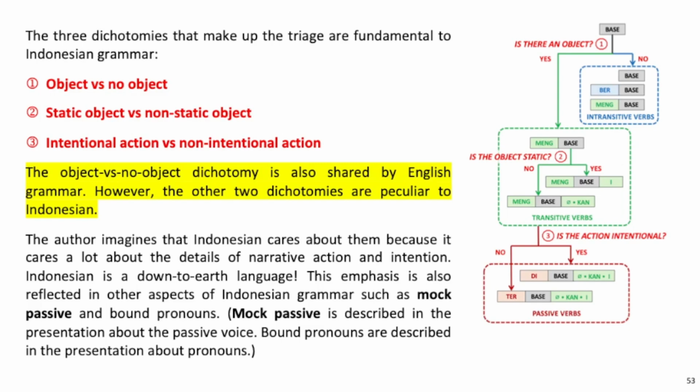However, the other two dichotomies are peculiar to Indonesian. I imagine that Indonesian cares about them because it cares a lot about the details of narrative action and intention. Indonesian is a down-to-earth language. This emphasis is also reflected in other aspects of Indonesian grammar, such as mock passive and bound pronouns.